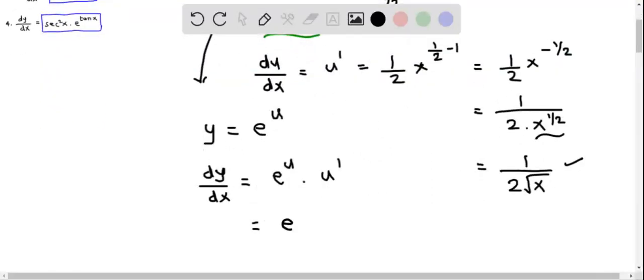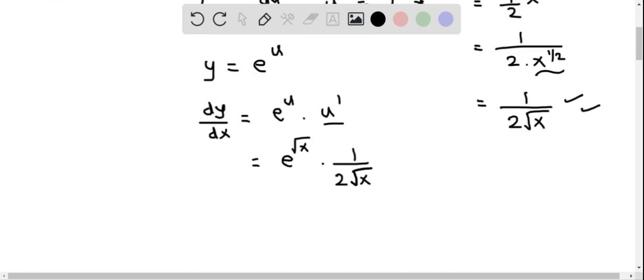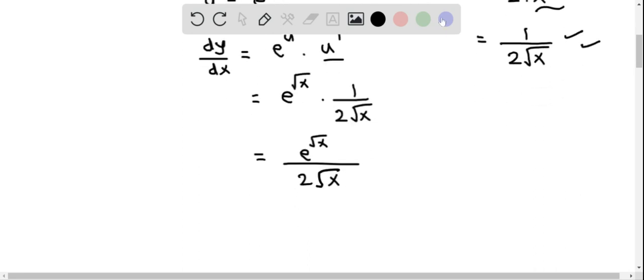So this becomes e power root x times the derivative of u with respect to x, which is 1 over 2 root x. So we multiply this by 1 over 2 times root x. And this can be written in another form also, that is e raised to the power of root x divided by 2 times root x. And this is the derivative of y.